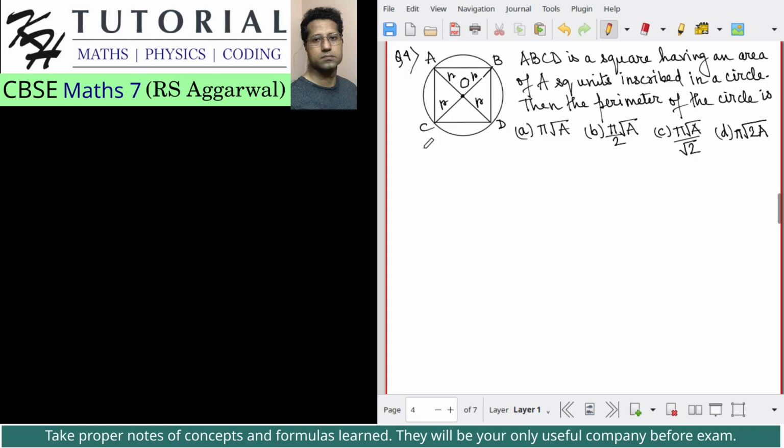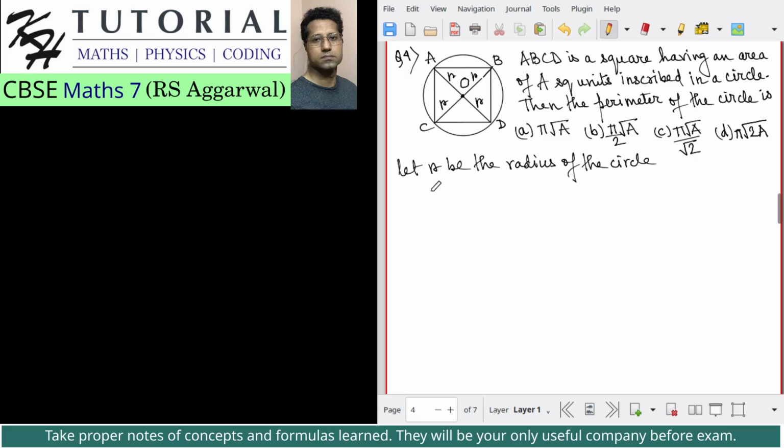Now we have to find the perimeter of the circle where the area of the square is given. Okay. Now, let R be the radius of the circle.